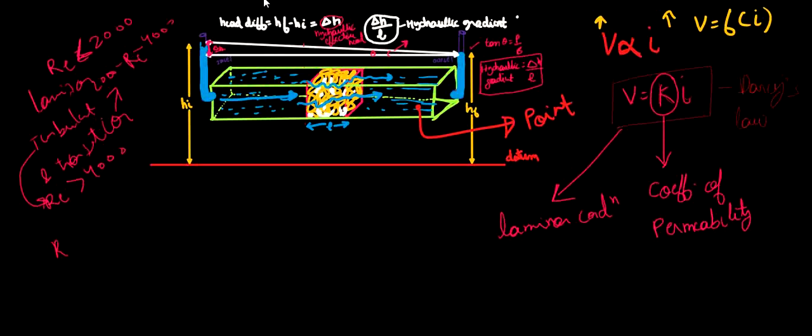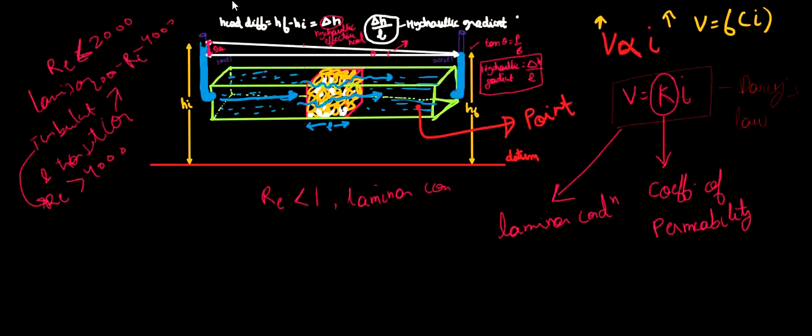Re is nothing but our Reynolds number, that is, the formula is rho Vd upon mu, where mu is the dynamic viscosity and d is the characteristic dimension. So in case of flow through soils, if Re is less than 1, then only we can say that our flow is in laminar condition.